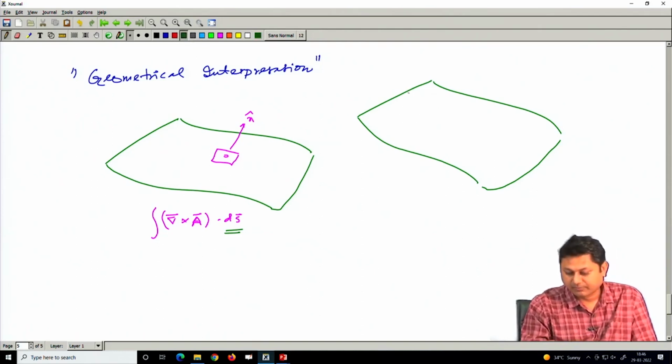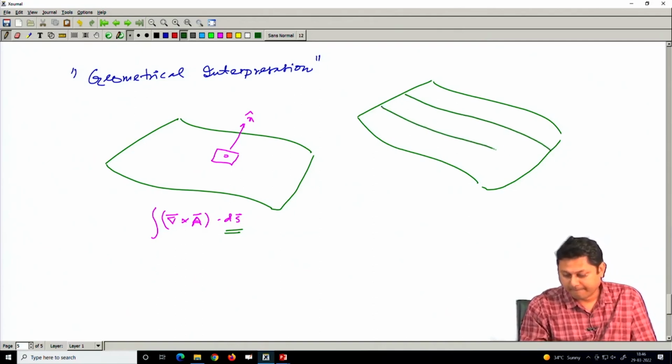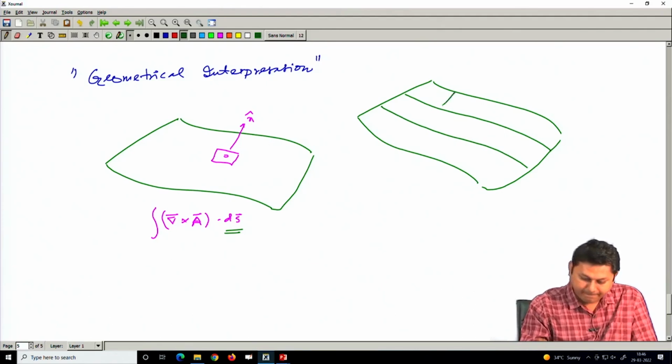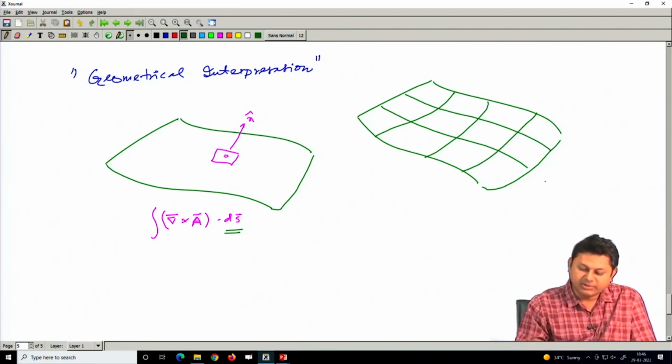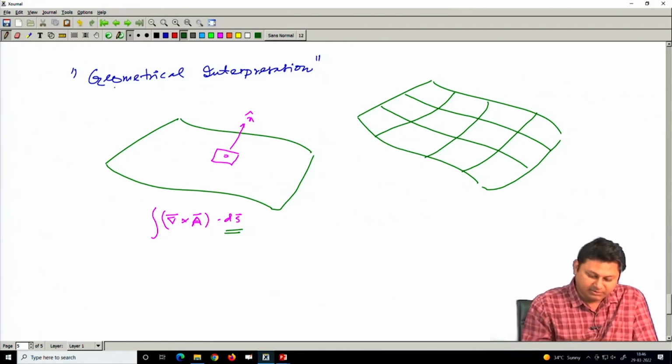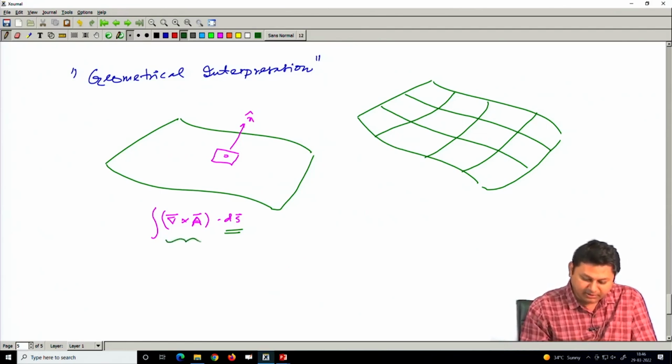These small dS add up and make the complete surface, and for each one I calculate curl of A, which gives me the curliness of the vector field.